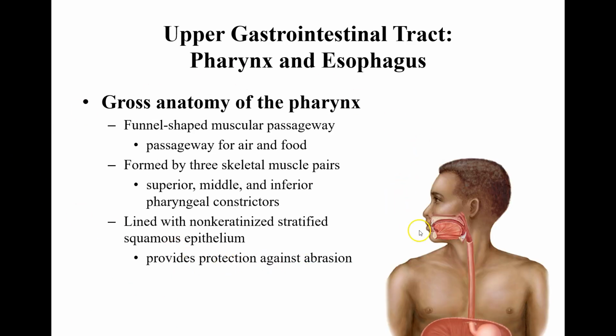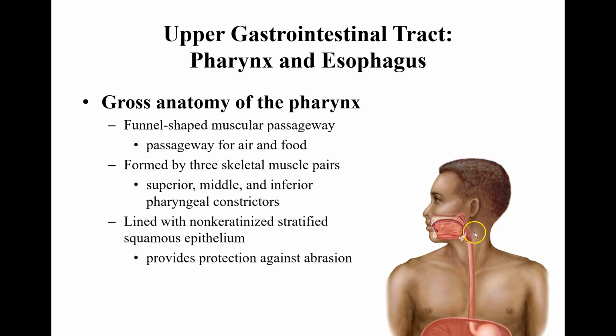The next region then is the pharynx. The pharynx is just the throat. There are three sections: the nasopharynx, the oropharynx, and the laryngopharynx. We only use in the digestive system the oropharynx and the laryngopharynx, which are composed of stratified squamous epithelium on the outer layer.